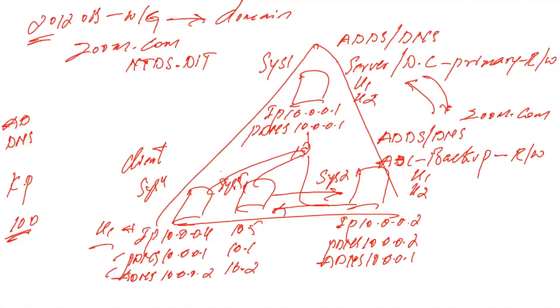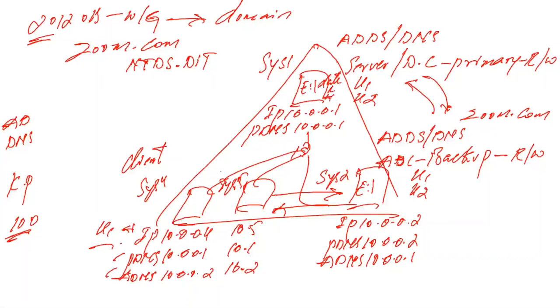Now try to understand. In the last class I said that in our network, to allow the user to access data from the network, we store all the user share folders, user roaming profiles and home folders in our server. In DC we have an E drive, in ADC also we have an E drive. In the DC E drive, I am storing user share folders, roaming profiles and home folders.